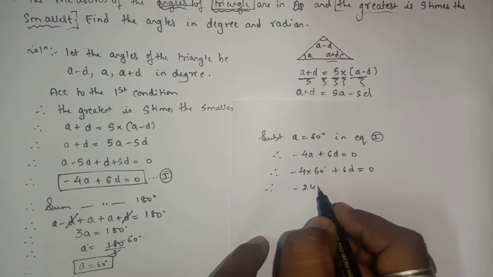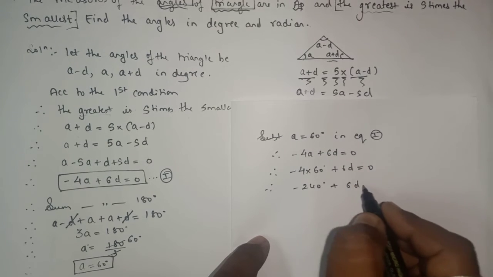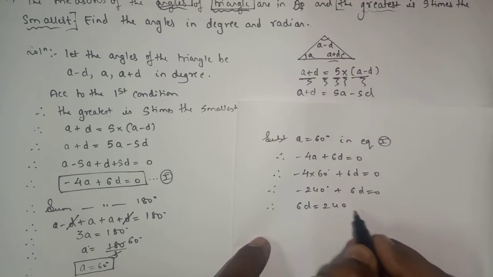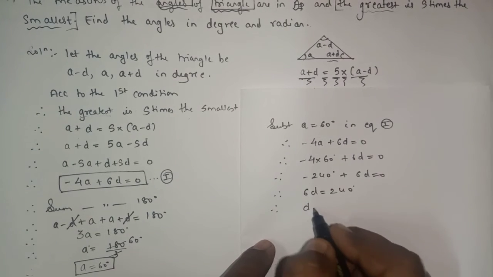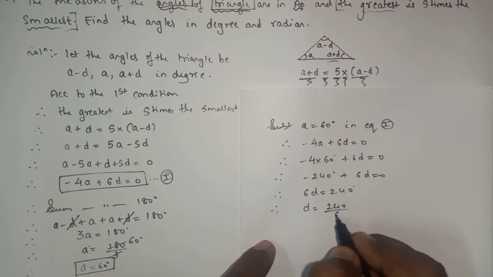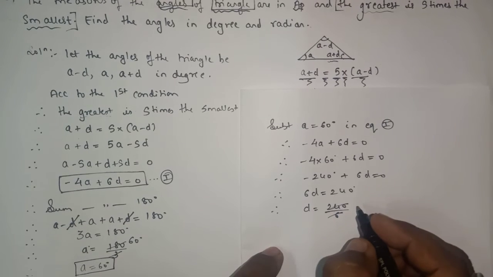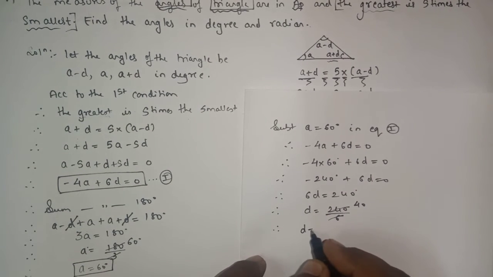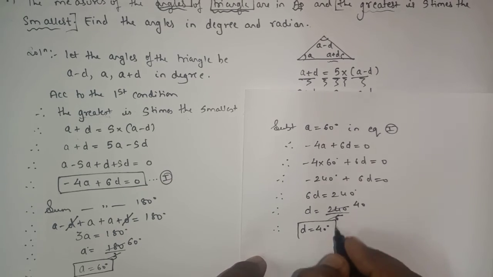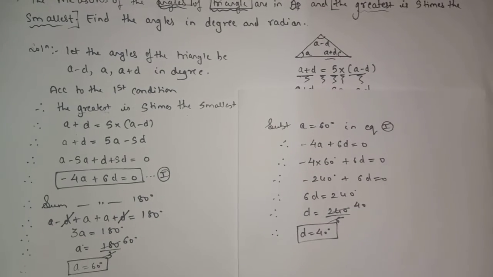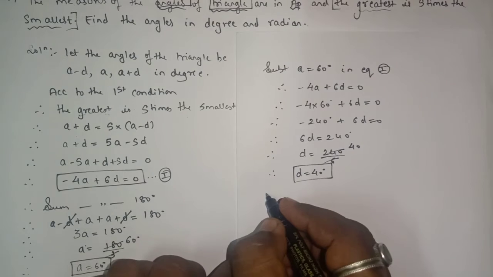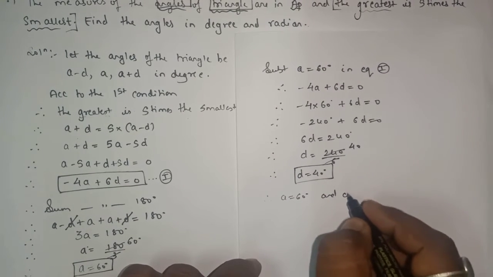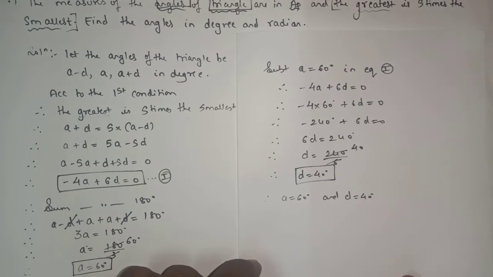Minus 240 plus 6D equals to 0. So therefore 6D equals to 240. So therefore D will be equals to 240 upon 6. So this will be what? 40. So therefore D will be equals to 40 degree. So here we got the answer of A as 60 degree and D as 40 degree.